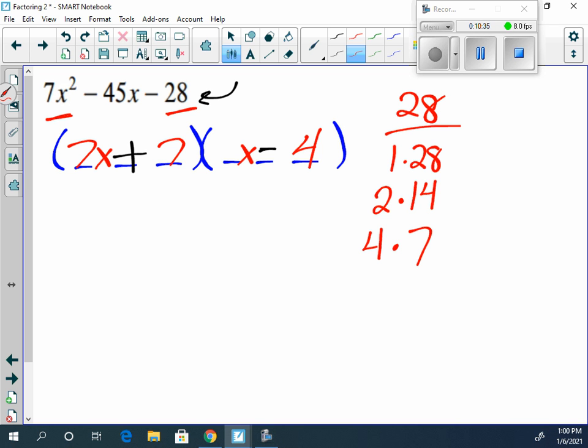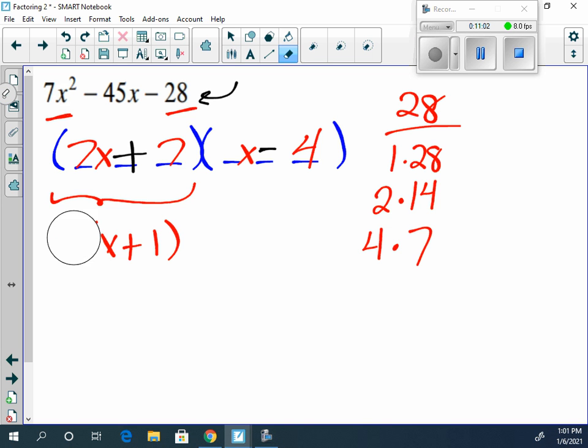Because how this is written right here, well, 7x plus 7 is a greatest common factor of 7 in there, isn't there? So if this was correct, I could factor that 7 out, leaving me with x plus 1. But if there's a greatest common factor in either one of the parentheses, it means there was a common factor to begin with. Because if there's not one to begin with, there can't be one in either set of parentheses.